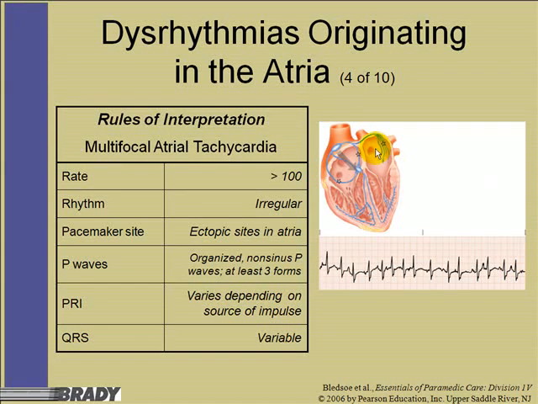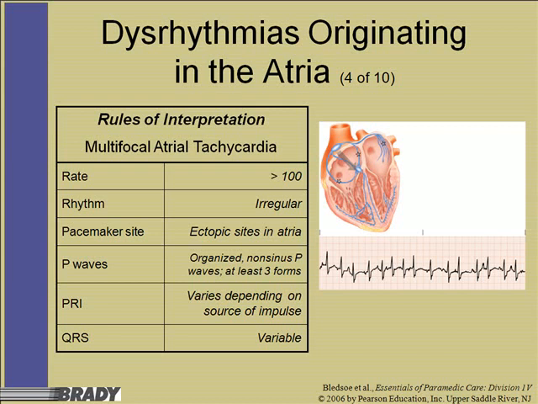So in this diagram up here, the photo, you've got multiple areas that are trying to take over the pacemaking rhythm there. So you've got some areas that are kind of irritable. Think of it as kind of lightning strikes in different places that are overriding that SA node. The P waves are organized, non-sinus P waves, or at least 3 forms.